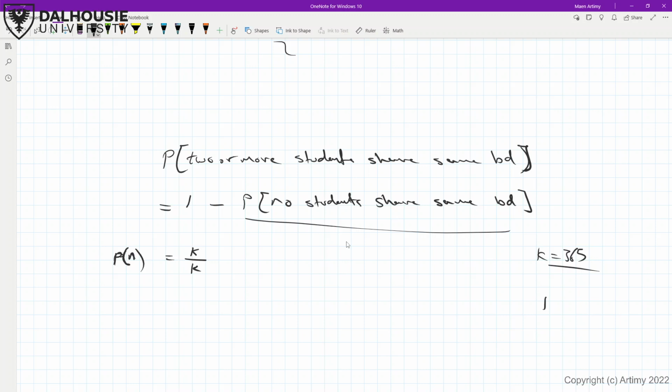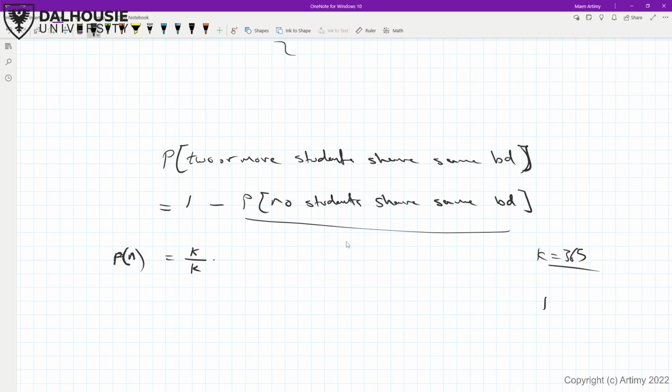When another student comes, what is the probability that this student will not share the same birthday as the student who came earlier? Now, the first student was born on one of the 365 days. So there are 364 days left for the other student to be born in without clashing with the first one.